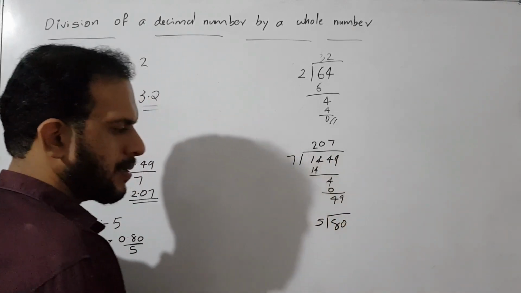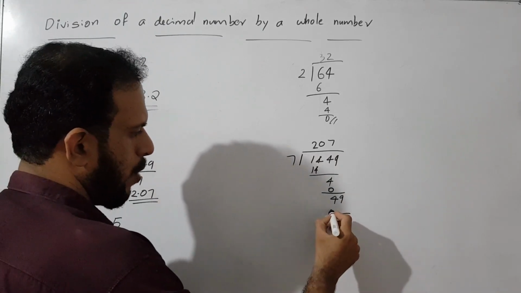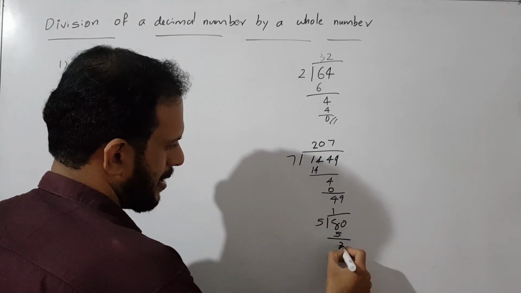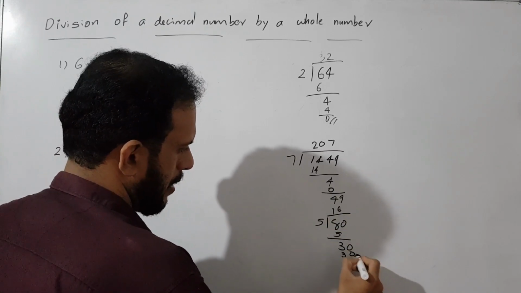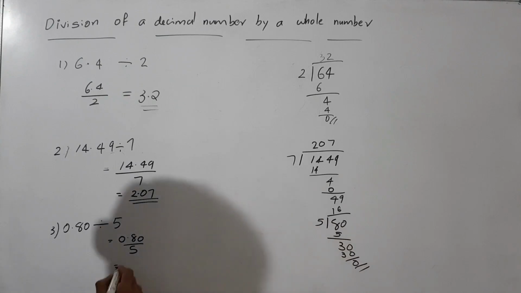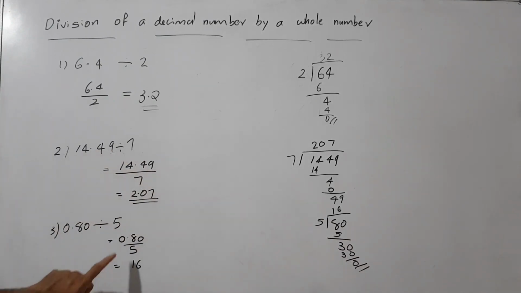How many times does 5 go into 8? 1 time. 1 into 5, 5, 3, 0, then 6, 30, remainder is 0. So what is the quotient? Quotient is 16. But in the question, where is the decimal point?